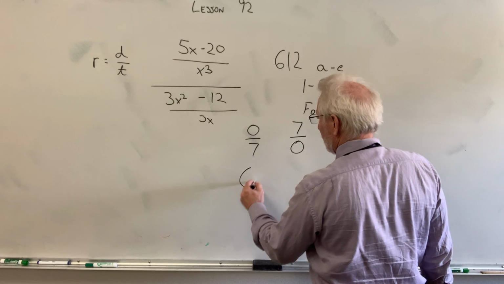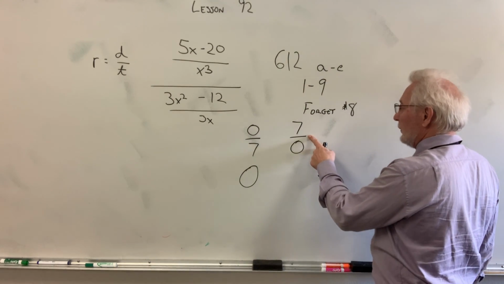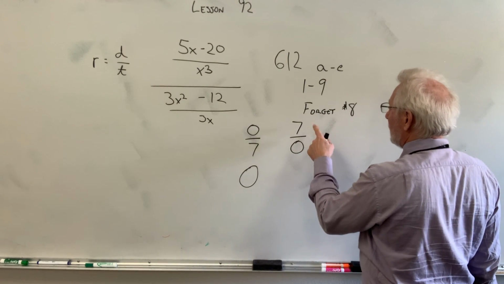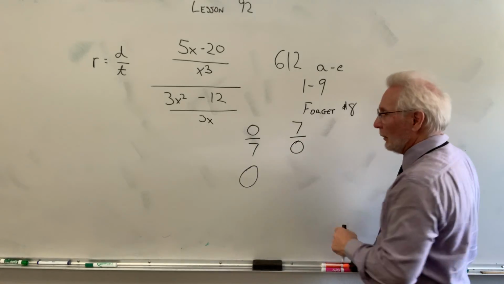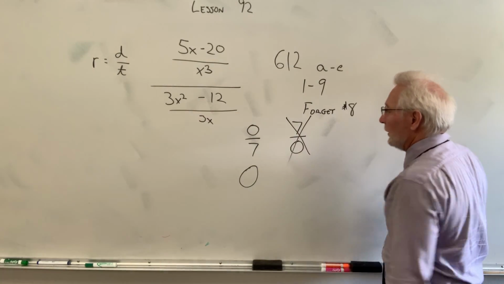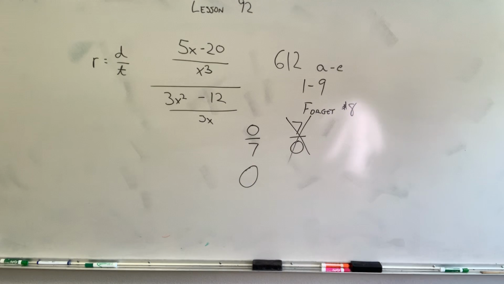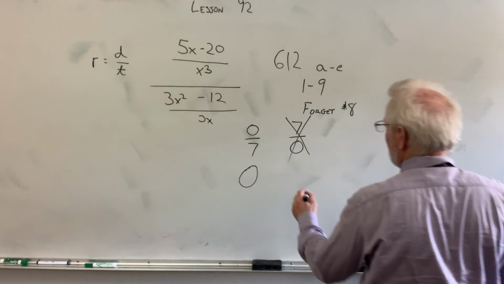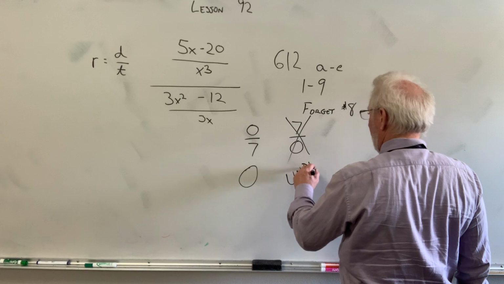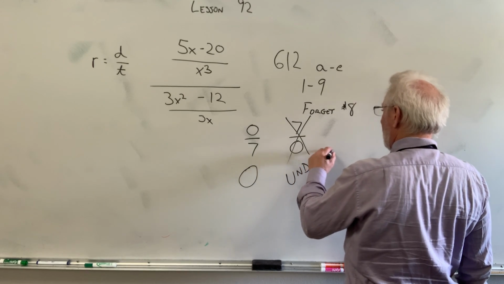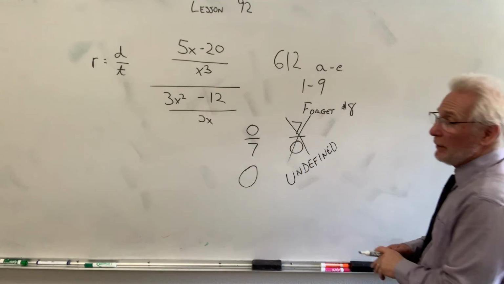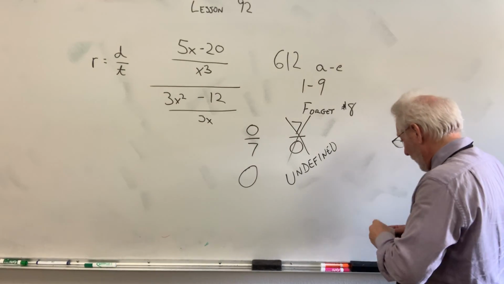It is equal to 0. This does not exist. Can't do it, can't have it, does not exist in real life. This one is not a number that you can use. Instead, the term, of course, is undefined.